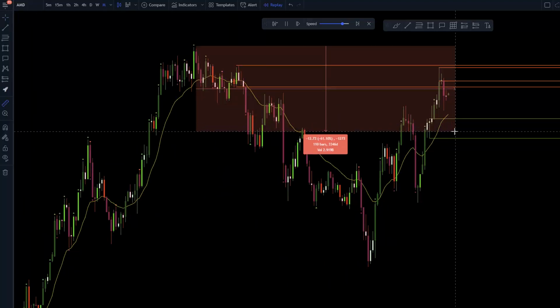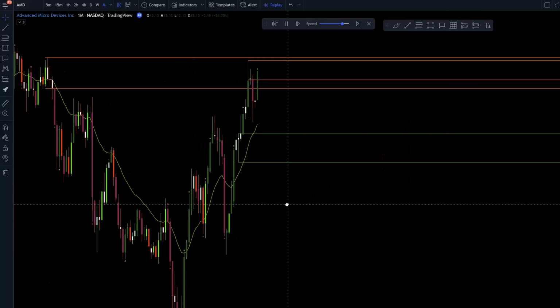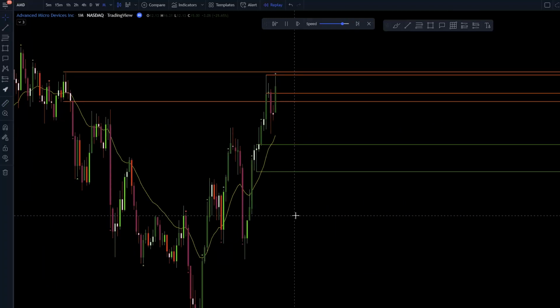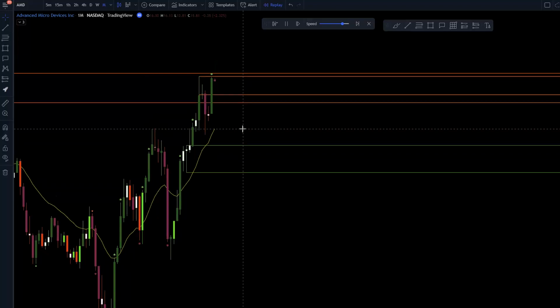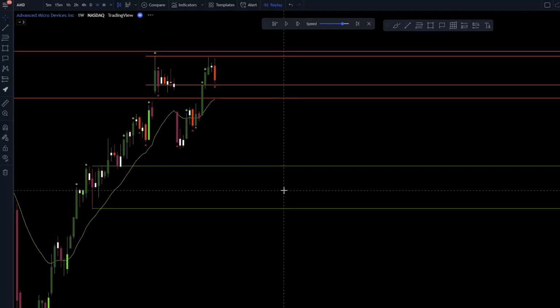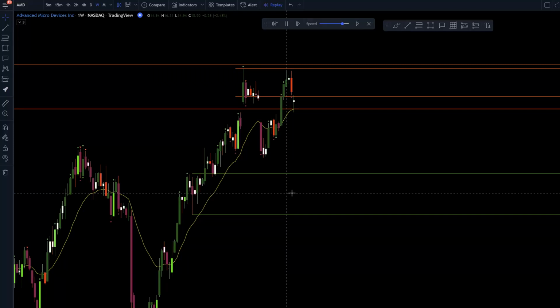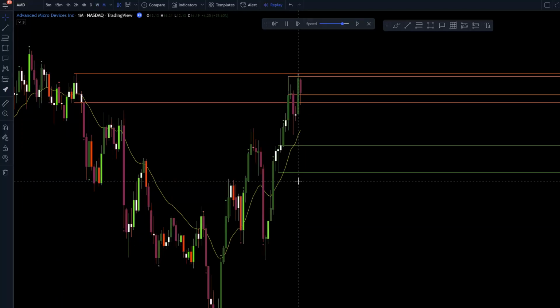$84 to $94, 10 years have passed, still not break even. Let's see if we can eliminate this to make way. 93.